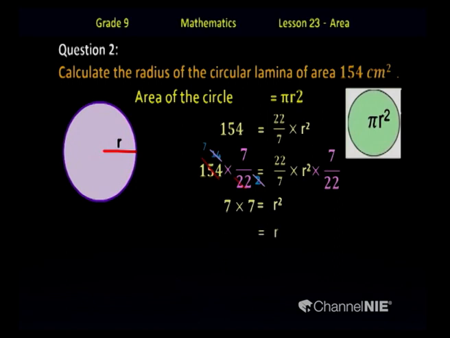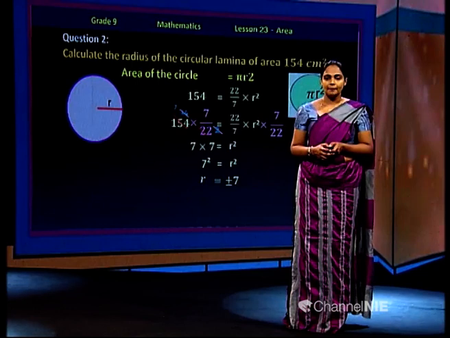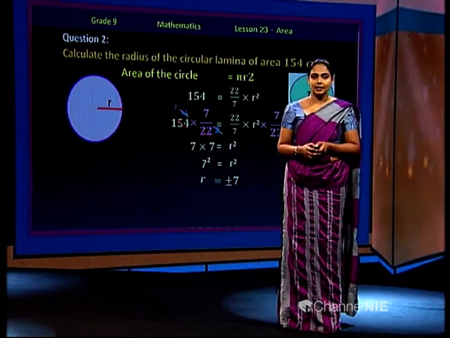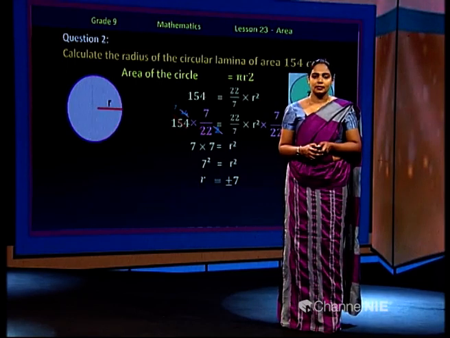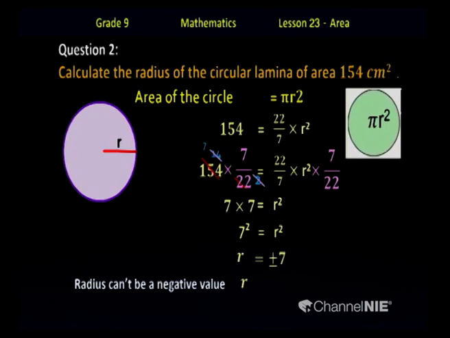Then to find r, take the square root of both sides. If r squared is equal to 7 squared, r is equal to positive 7 or negative 7. But radius is a length. Length cannot be a negative value. So the answer should be positive 7. Radius is 7 centimeters.